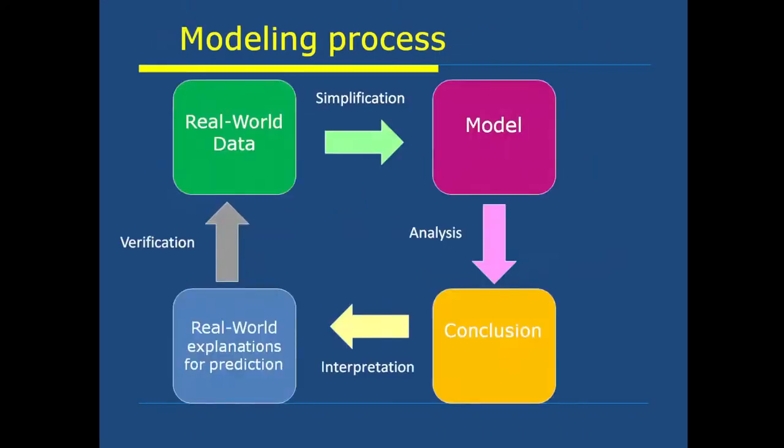On this slide, you can see the modeling process picture. We have a real-world fact or real-world data. By using a simplification method, we created a model. Then we analyze this model and make our conclusions about the real-world object.